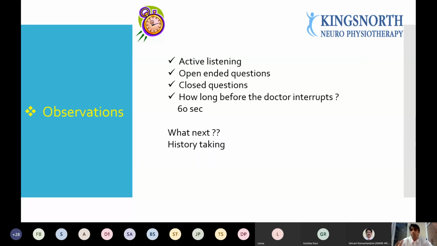So there are n number of things that are contributing to his problem. It's not just the dizziness, but dizziness is a core problem. So we are trying to get as much information around that presenting problem within this minute, but we are allowing that patient and also acknowledging with our body language.